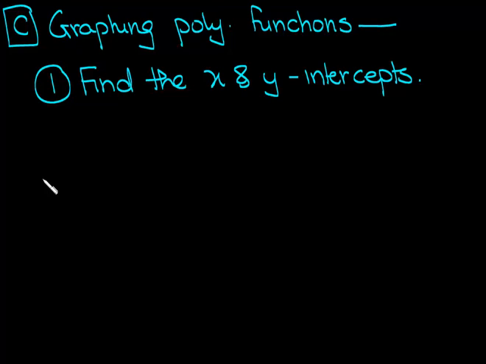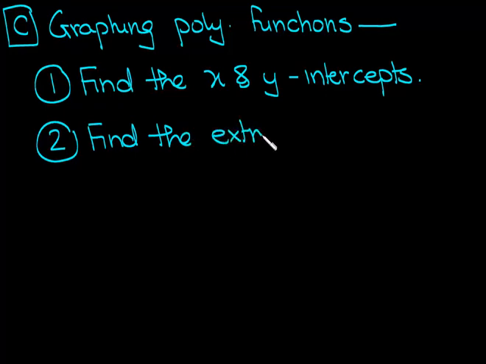Now, the second thing you want to do is find the extreme behavior. We'll talk about that in a second. And that's it. We just have to do 2 things to graph a polynomial function. We have to find the x and the y intercepts, the extreme behavior, and we're done.